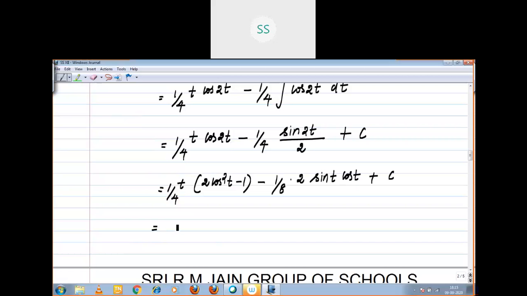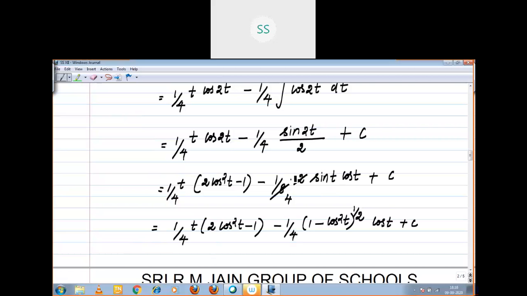Now, which is equal to 1 by 4 into t into 2 cos square t minus 1, minus 1 by 4 into sin t cos t. How am I going to write sin t? Sin t is 1 minus cos square t, the whole power 1 by 2, into cos t plus c.